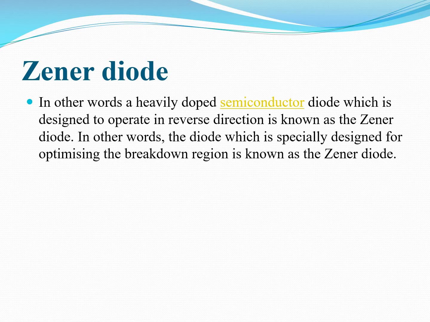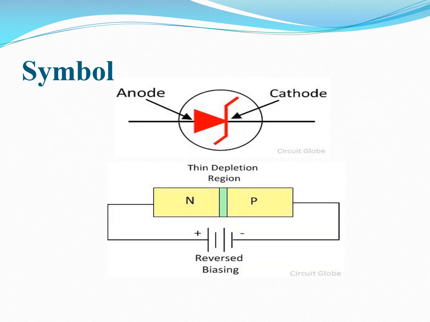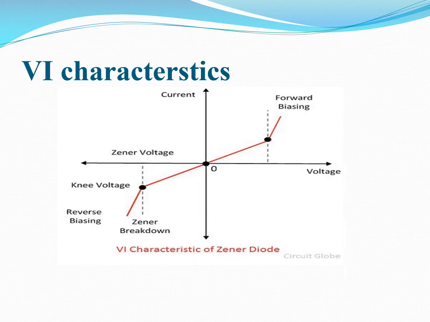In other words, the diode which is specially designed for optimizing the breakdown region is called a Zener. This symbol is very similar to the PN diode. There are two terminals, anode and cathode, and you can see this operates in reverse bias, in which N-type is connected with the positive terminal of the battery and P-type is connected with the negative terminal of the battery.